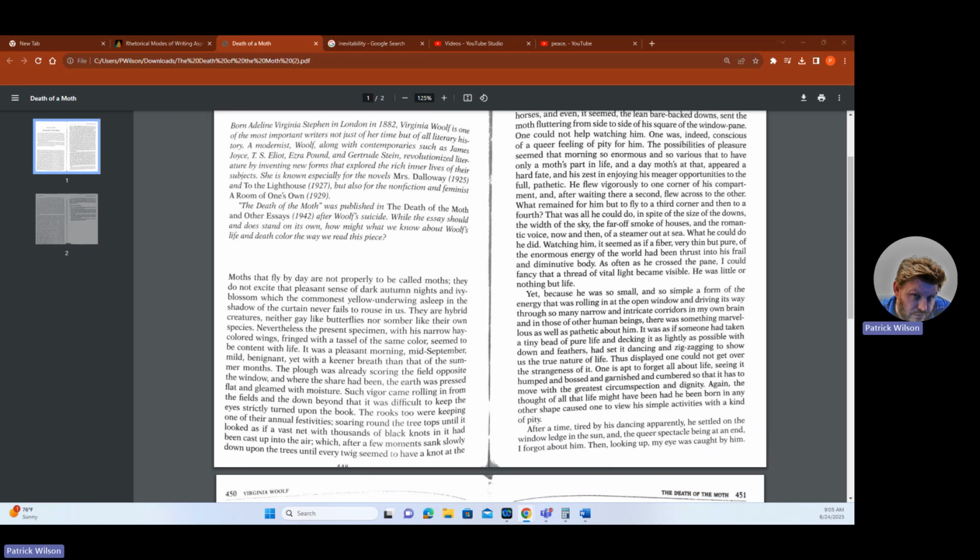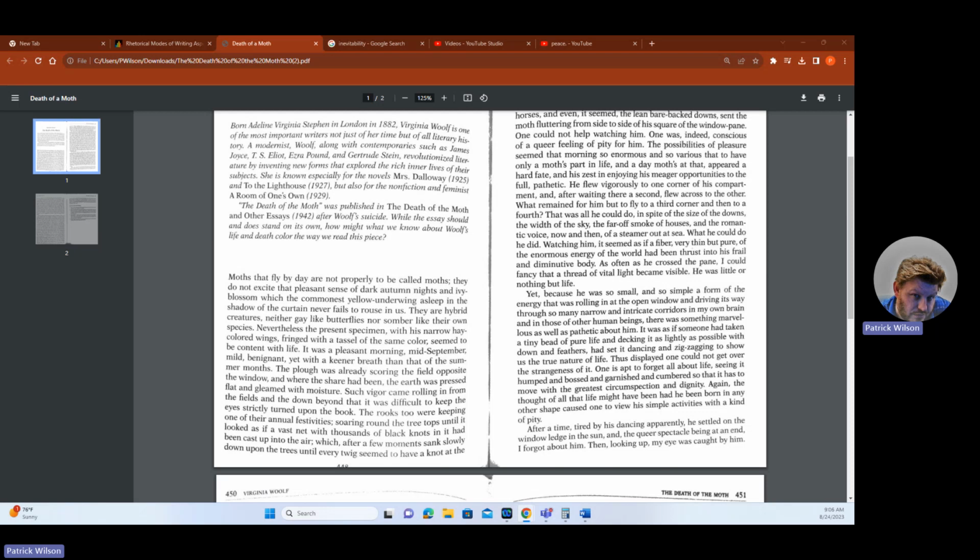As the essay progresses, Woolf notes how the moth's energy and movement begin to wane. She observes that the moth's struggle becomes slower and weaker, yet it refuses to give up entirely. In the moth's persistent fight for life, Woolf finds a poignant metaphor for the human struggle against mortality.